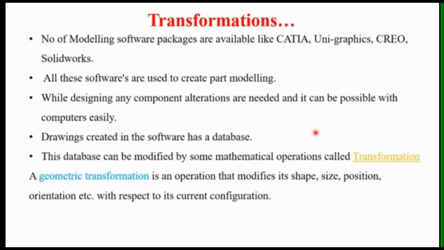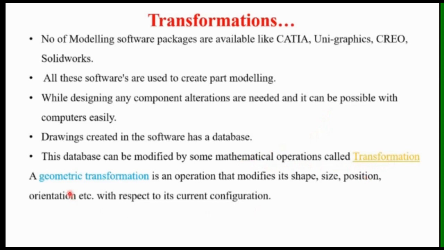Or we want to rotate it through a certain angle theta. These operations are carried out in the database, so mathematical operations will be there. These operations are called transformations.